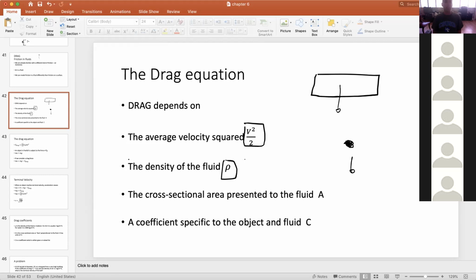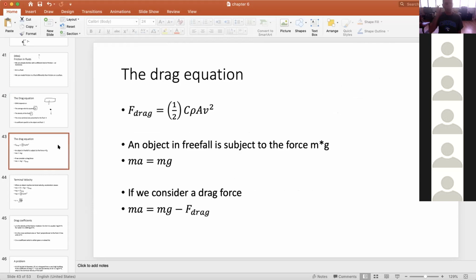So a human being swimming through water might have a certain drag coefficient. A shark moving through that same water may have a different drag coefficient. It's kind of like the mu for friction. So we put all that together and we get this drag equation: coefficient, density of fluid, cross-sectional area, v squared, times a half.